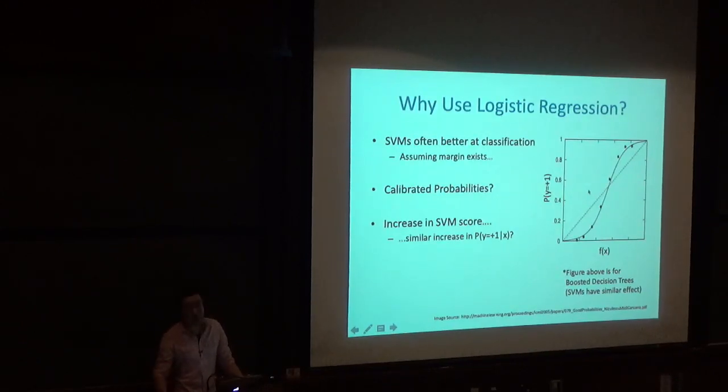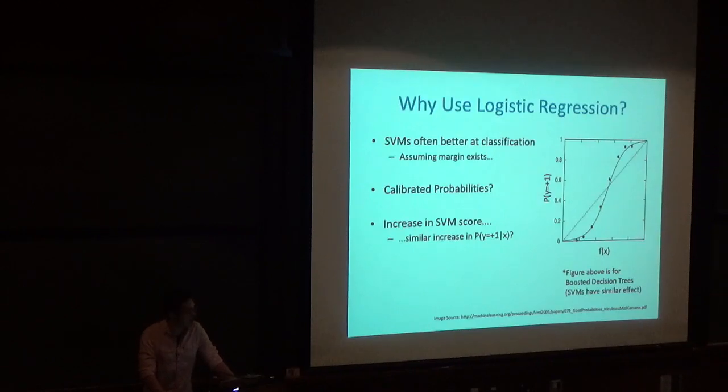In fact, this probability increases in a way that suggests that we should model this using a sigmoid function, this S-shaped curve. If you want calibrated probabilities, and not just a hard prediction, positive or negative, then logistic regression can be useful in training a model that has calibrated probabilities.